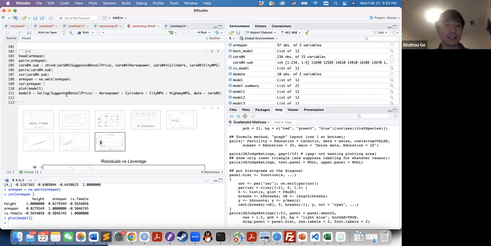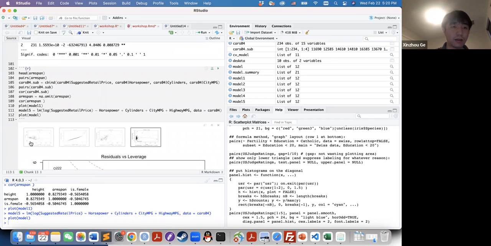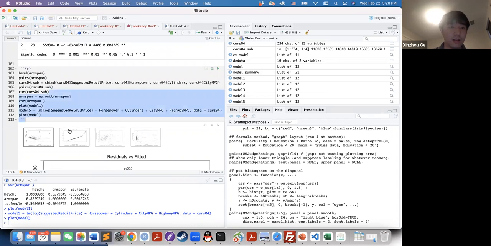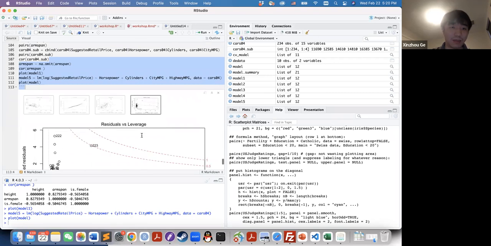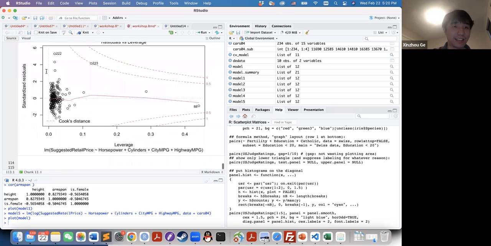We have done this yesterday, and I guess it still works for today's multiple linear regression, and we can also do the plot. Okay, let's see whether we have some improvement. Okay, plot model 5, my bad.